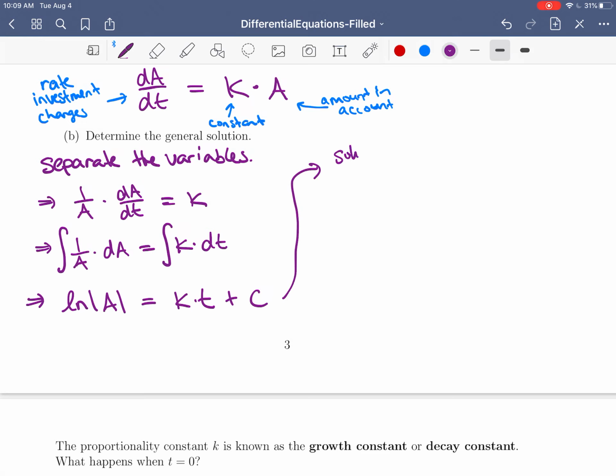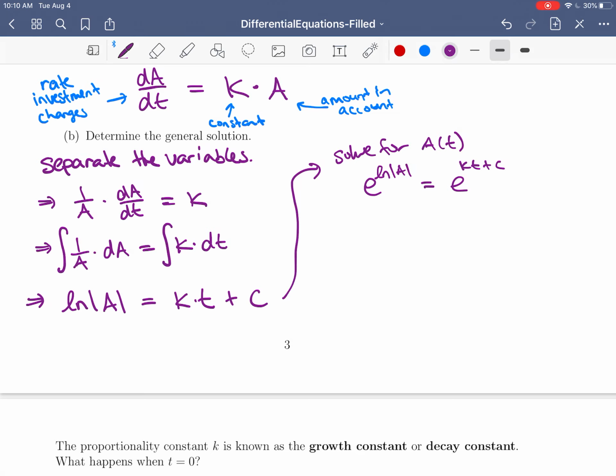Okay, so now we want to solve for a of t. If I want to get rid of a ln, I have to use e. So it's going to be e to the ln of a equal to e to the kt plus c. Now notice the c has to go in the exponent because it's moving.